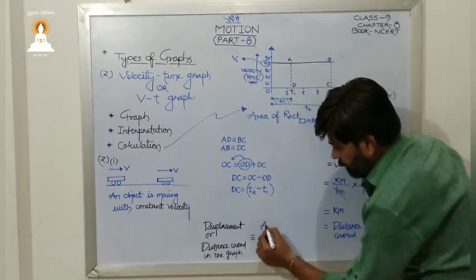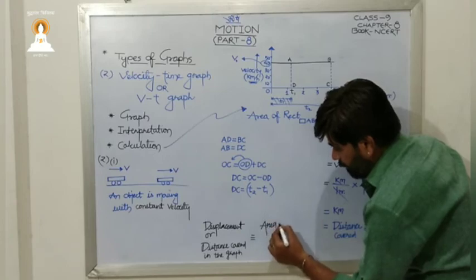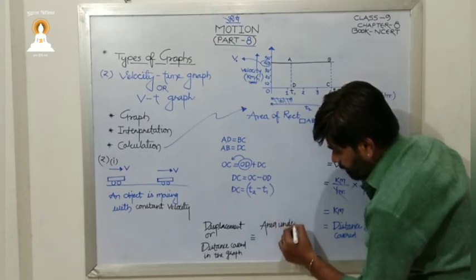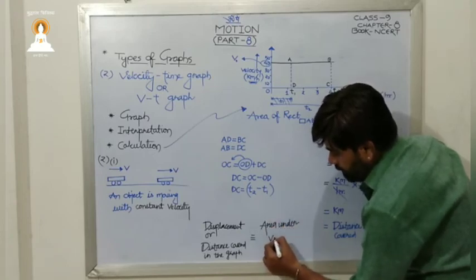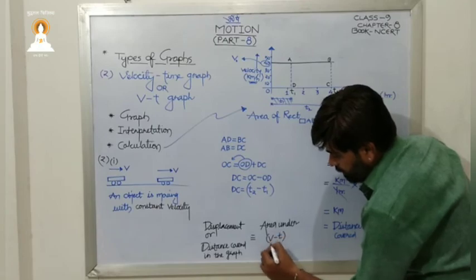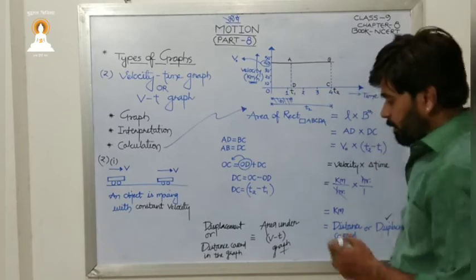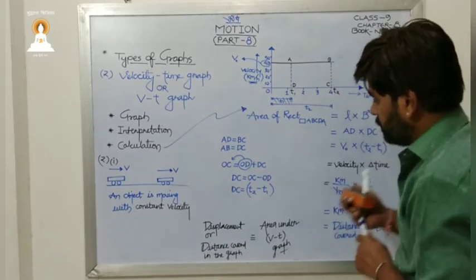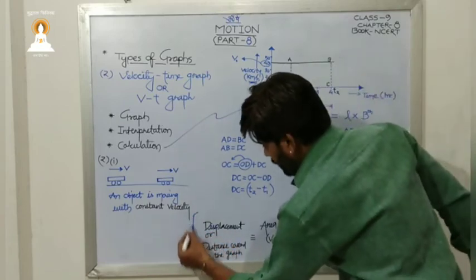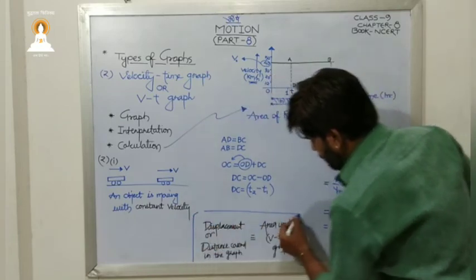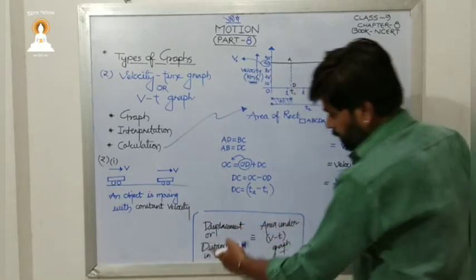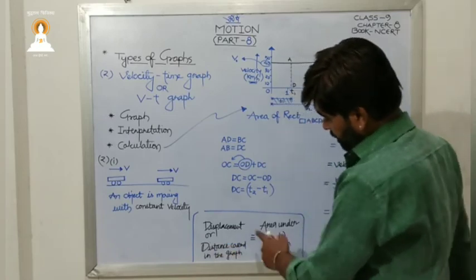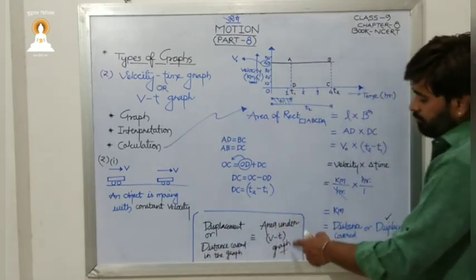Yes, area under the VT graph. Very important. We will use this concept later on. So this concept is very important. That is, displacement or distance covered in the graph is nothing but the area under the VT graph.